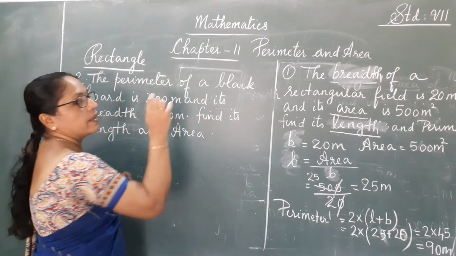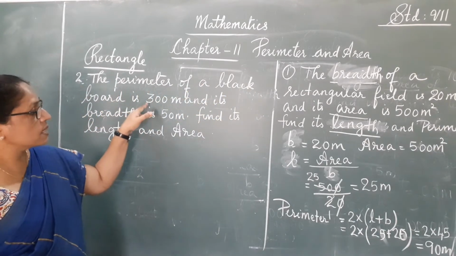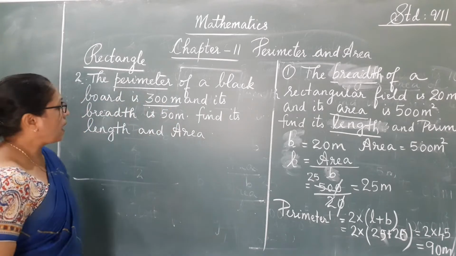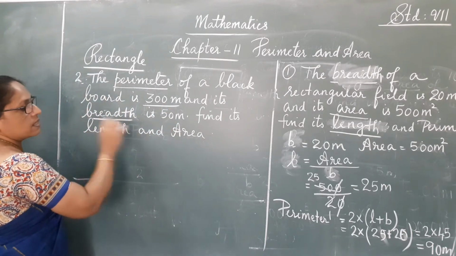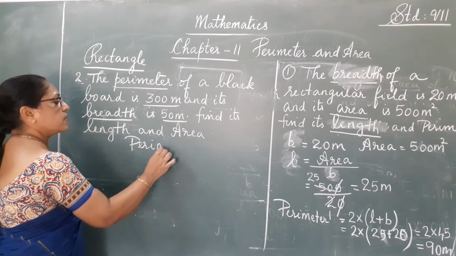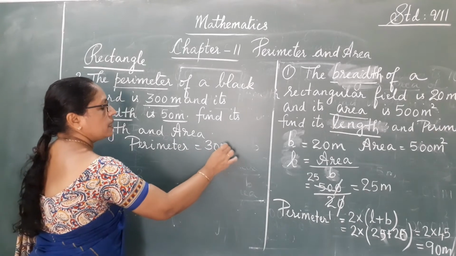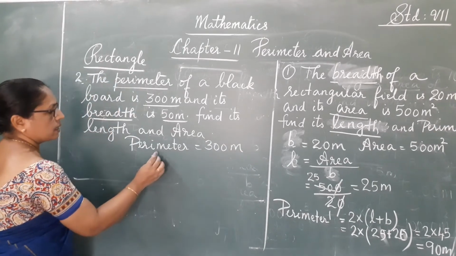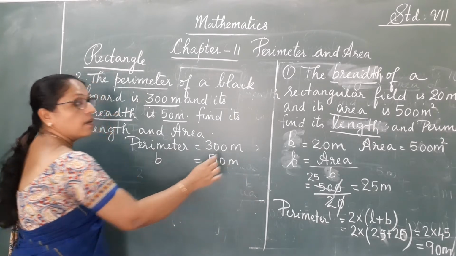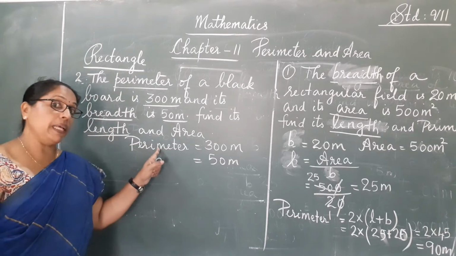Okay, read the question. The perimeter of a blackboard is 300 meters. So perimeter is given and its breadth is given. Perimeter equals 300 meter, breadth B equals 50 meter. Find its length from perimeter.